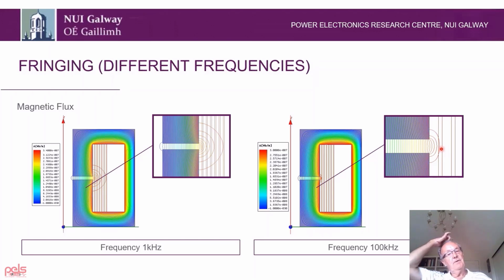Our experience has been that a lot of these resonant converters now are operating in the megahertz range, and when you get up to the megahertz range, you'll find that these losses can be quite significant. Again, we don't have an analytical tool to calculate these losses, but the finite element analysis tools have become very powerful and much easier to use, and it's quite doable to calculate the losses for a case like this.